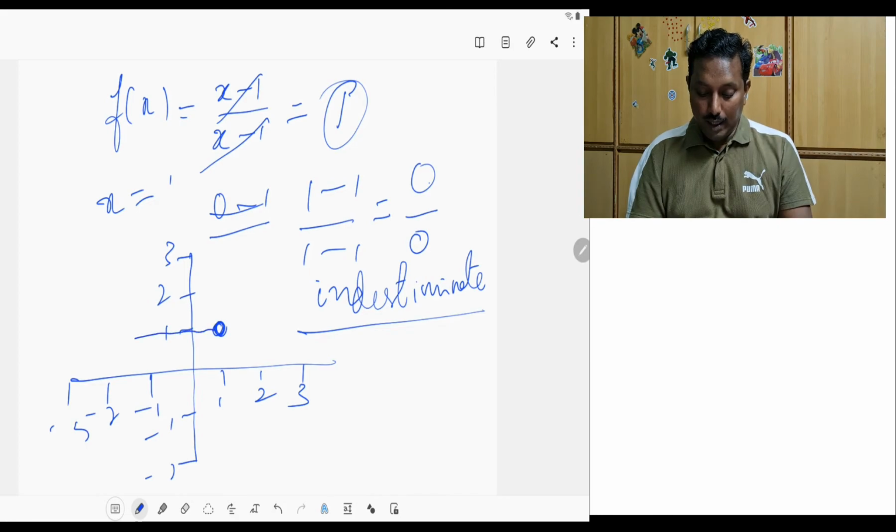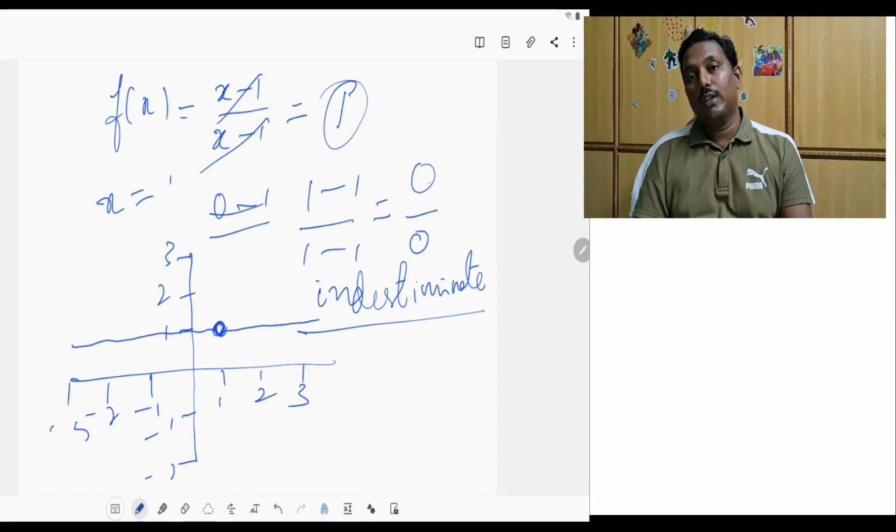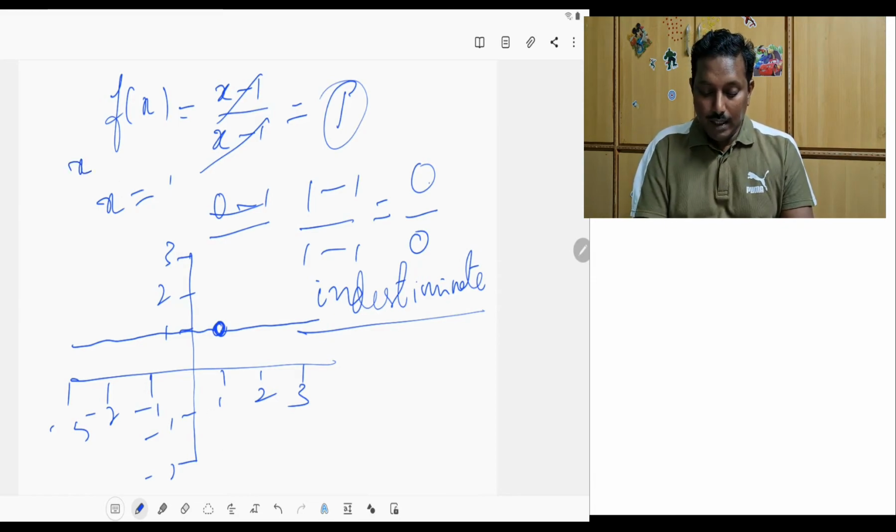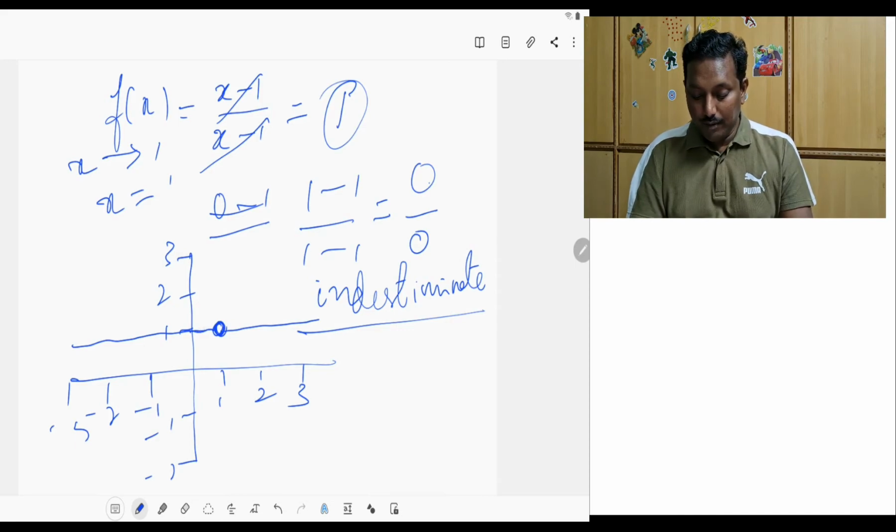For all other values, it would be 1. So this is how the graph looks. Suppose we take this limit where x is approaching 1 from the left hand side, if we take 1 as a value, it won't get defined. So we can't define the function at the x value of 1.